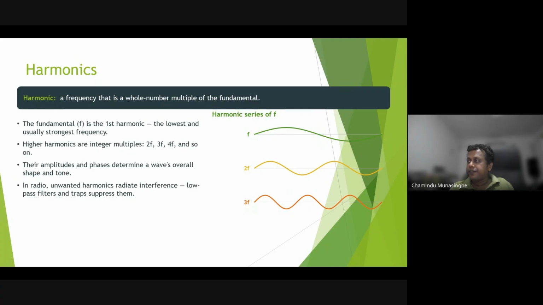And when it comes to radio transmissions, let's say, for example, we have a transceiver that transmits at 144.440, right? But we don't want any harmonics. Usually oscillators and RF amplifiers and things like that tend to generate harmonics, right?